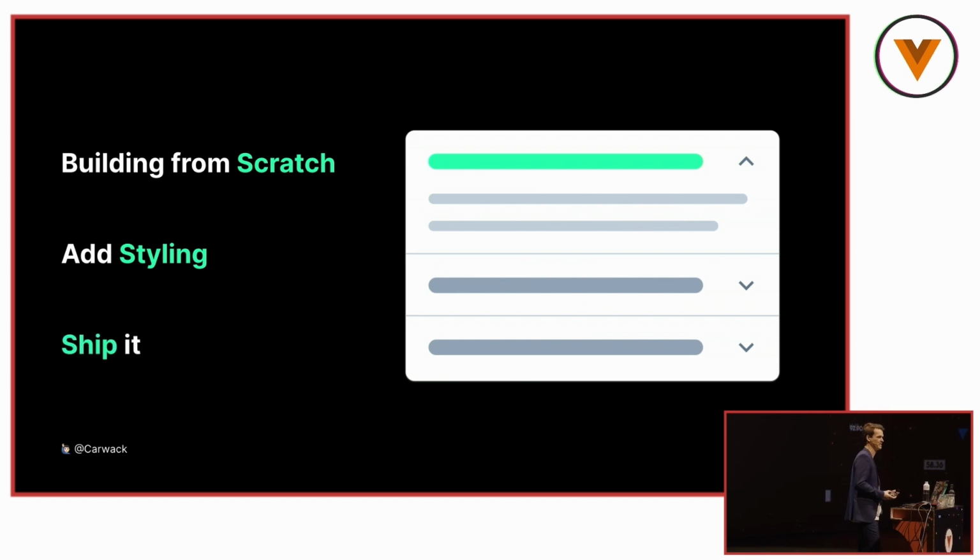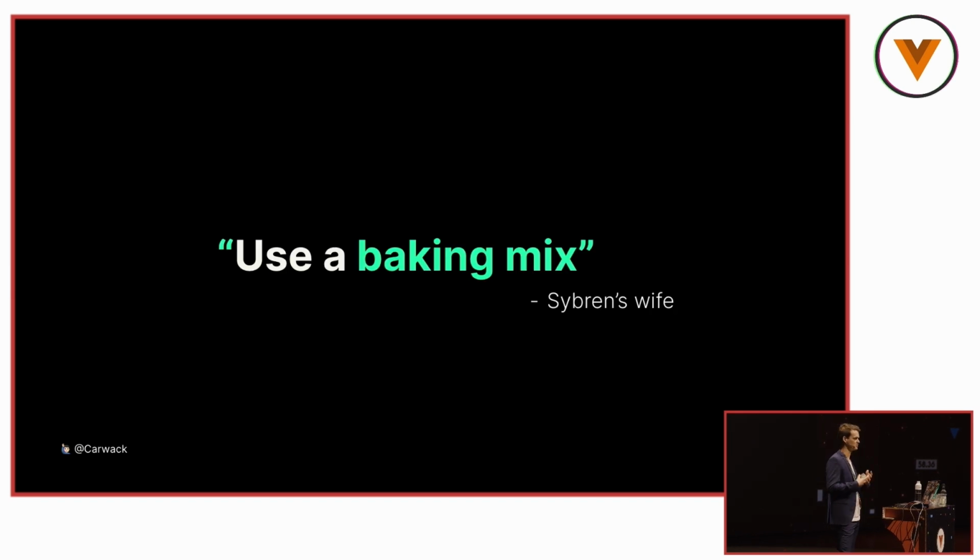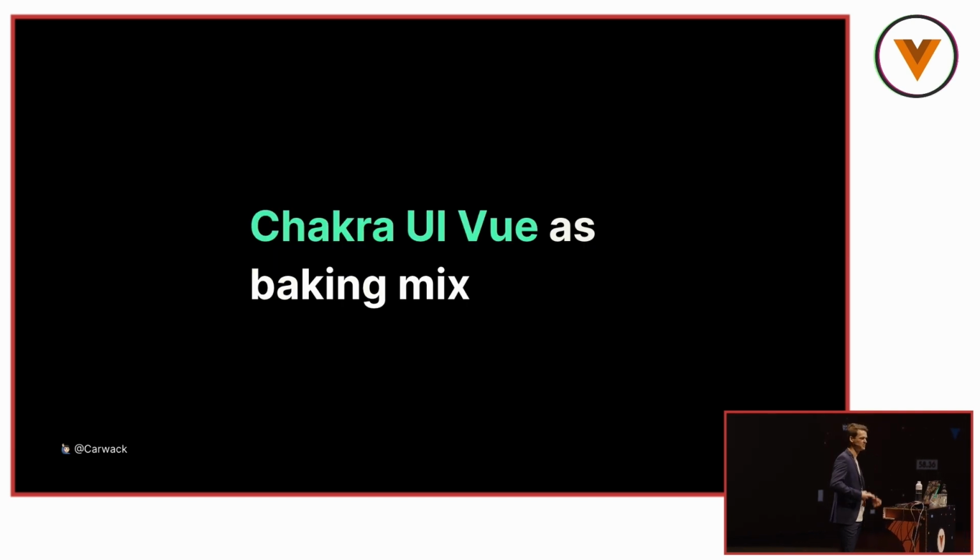The only thing was, it took me some time to build this. And I started thinking, why? And then I started thinking back to the baking of my wife, where she uses a baking mix to speed up the process. That's what I should have done too. I should have used the baking mix, like Chakra UI Vue, to build that component and speed up the process of building the whole design system.